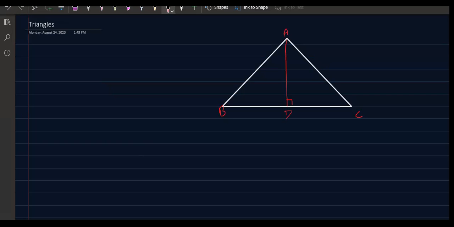So let's draw one more figure. Okay, wait, let me draw.